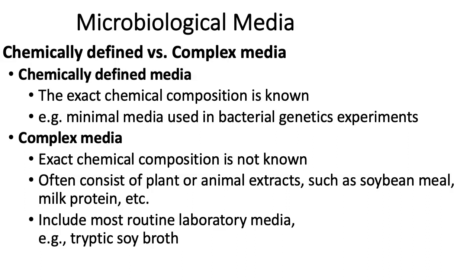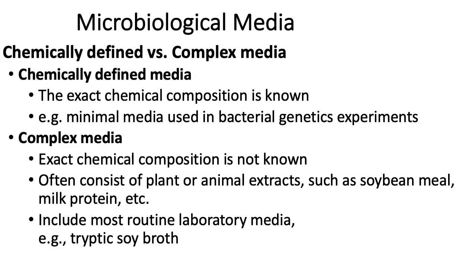Chemically defined media. To be chemically defined media, it means your exact chemical composition must be known. An example is the minimal media that are used in bacterial genetic experiments. Then we have the second type, that is the complex media. The complex media is also a media where the exact chemical composition is, however, not known.